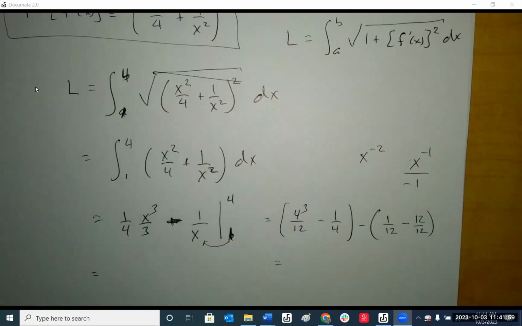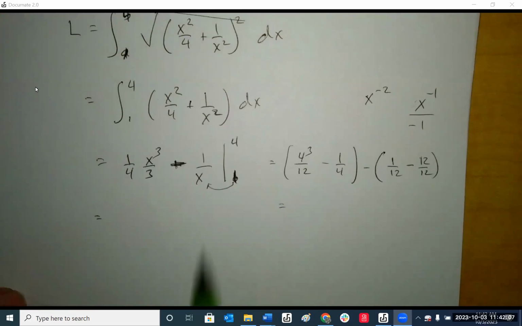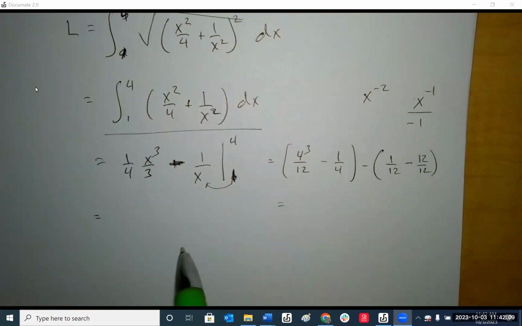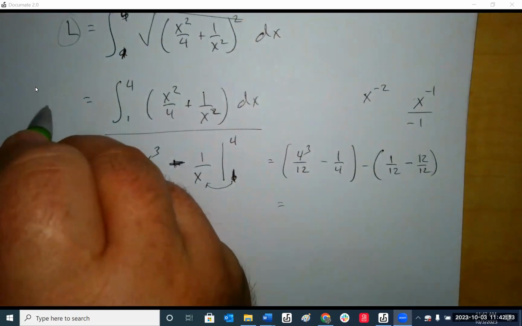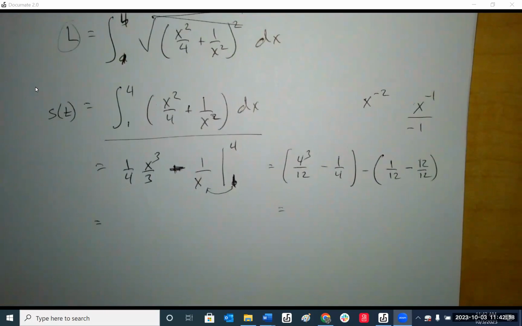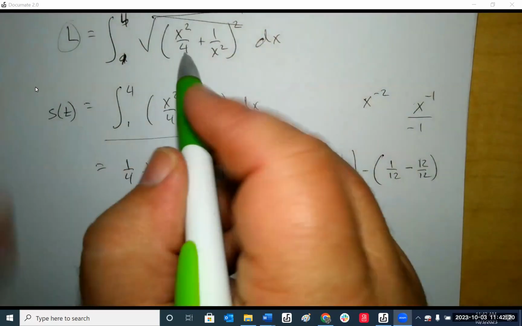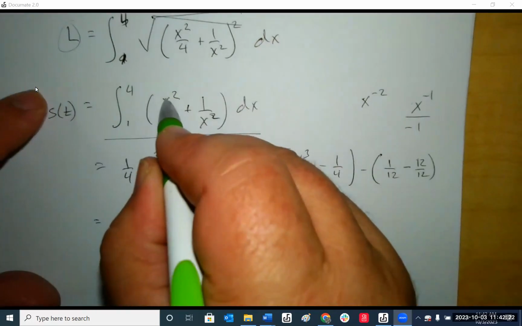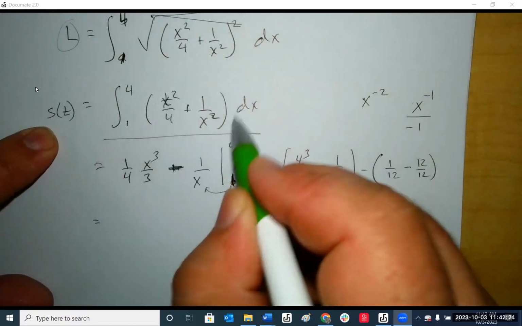Actually, here's the thing. It just finally hit me what was different about it. Once we had this part here, we're changing it from L to s of some function t. So L dealt with x, now we deal with t's.